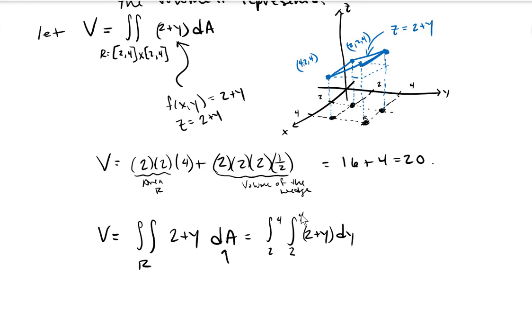Remember, dA was just the limit of delta x, delta y as m and n went to infinity in that definition? Well, that's just like dx dy.